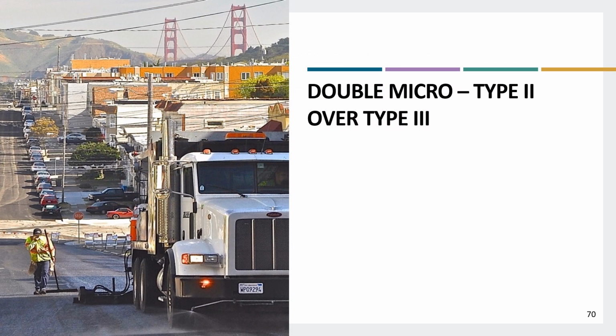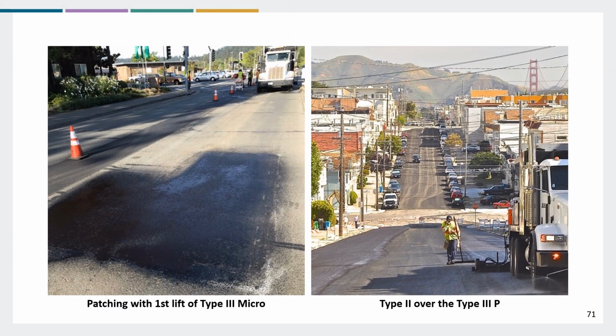A double micro, type 2 over a type 3. The city of San Francisco uses this every single year as their main pavement preservation tool. The first step, as with any other pavement preservation treatment, is to do all your prep work and patching prior to the project.